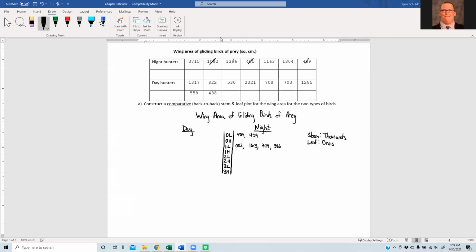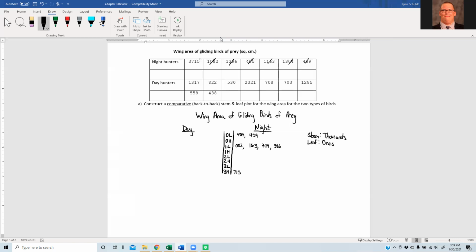So we got all our thousands knocked out. And then for the 3,000, it's a high because it's 3,715. Now it's still not spread out a huge amount, but hey, it's better than what it would have been.